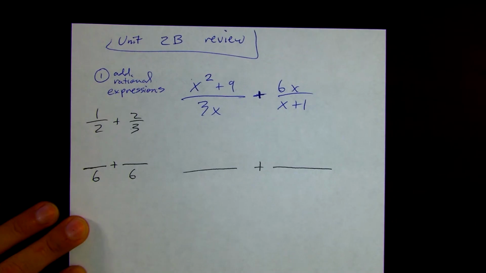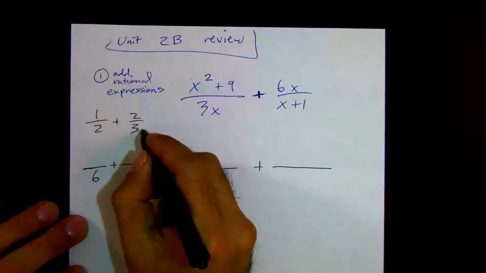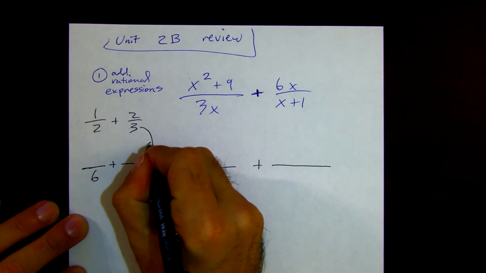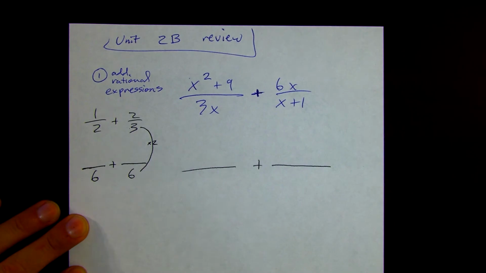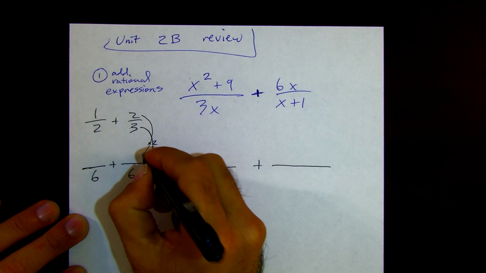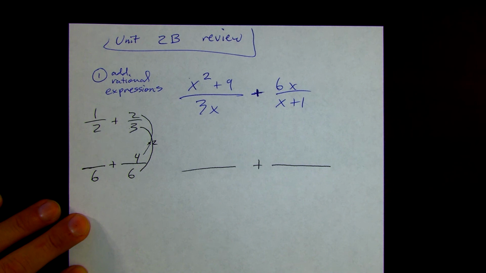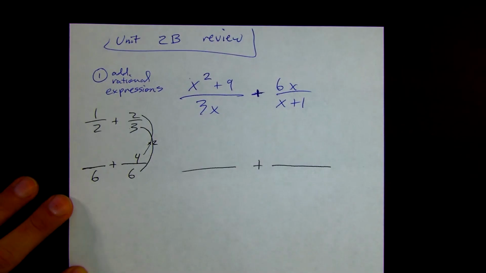Okay? And then the question that you asked is, how did I go from 3 to 6? What did I multiply by? I multiplied by 2. So I need to do the same to the top. 2 times 2, 4. That way, you know that you've increased the denominator and the numerator by the same value, multiplying by 2.